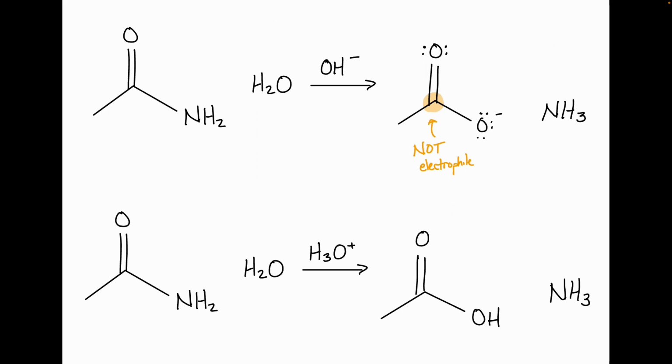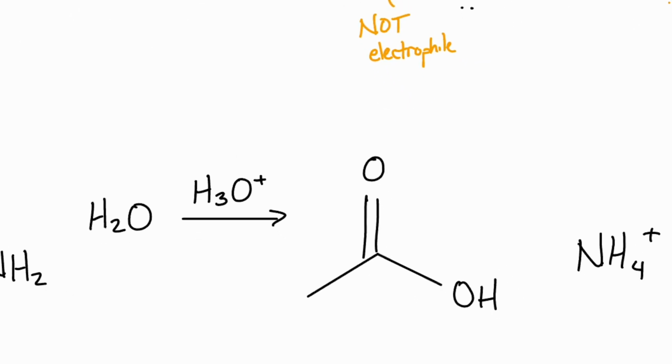That amine is going to play the role of a base, and so I won't get my amine, my NH3, as my product. I'll get the protonated NH4 plus. And although an amine is a good nucleophile, a protonated amine does not have a pair of electrons and cannot play the role of a nucleophile. Just like before, under basic conditions, we turn that carboxylic acid into a carboxylate, which is not an electrophile.